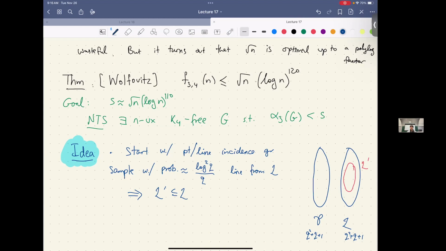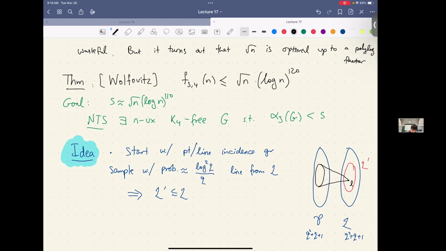Now what we do is the random block construction, which is very simple. For every line L in L prime, we look at its neighborhood in P. Once again, recall that this is a projective plane, so the incidence graph is C4 free. In other words, if you take different lines and look at their neighborhoods, they share exactly one vertex.